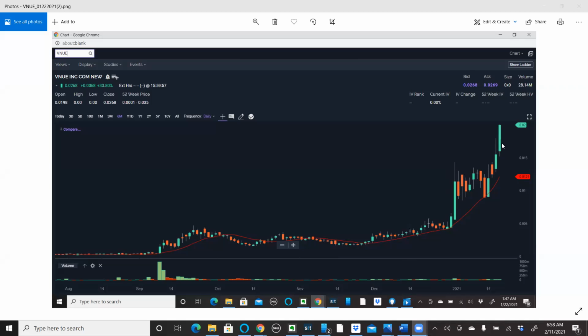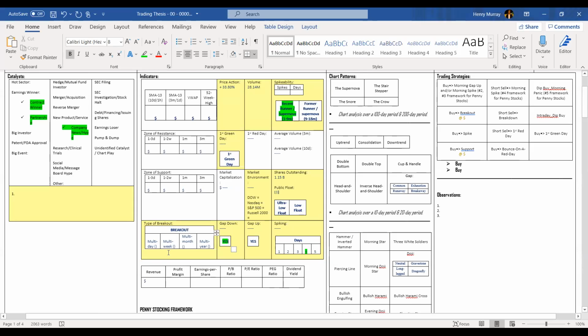So if we look now to our current time, you could see that this stock is having a multi-day breakout above 0.0148. Right? 1, 2, 3, 4, 5, 6, 7, 8, 9, 10, 11. So a multi-day, 11-day breakout above 0.0148. So let's put that in on our template. So it's a multi-day breakout.